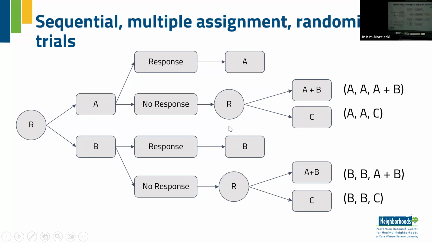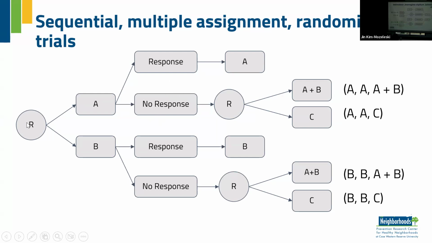If you are curious about what if we just start with A and B right off the bat, then you would want to include that as a first stage treatment. Because with how I have it set up right here, you wouldn't be able to look at that. You would be able to compare initial response rates between A and B though, but it's conditioned on their response, which is what makes it a SMART.